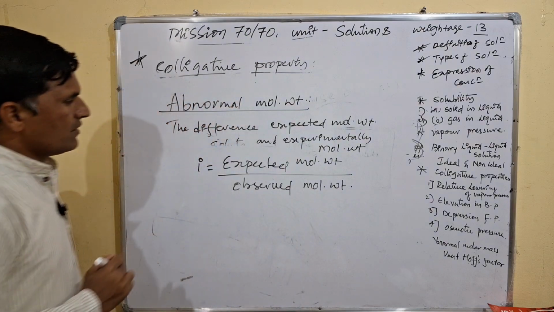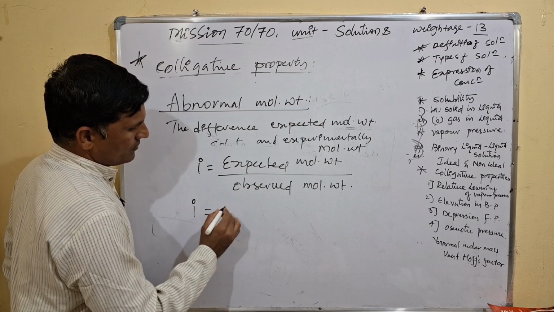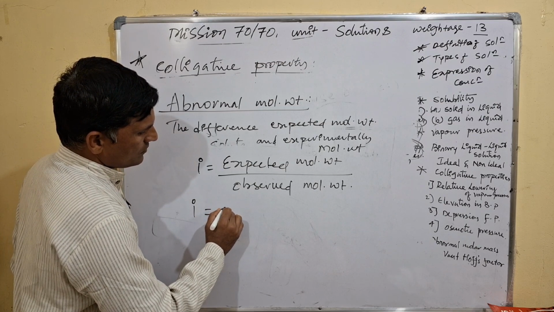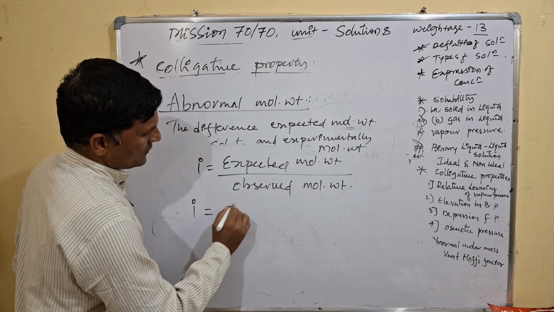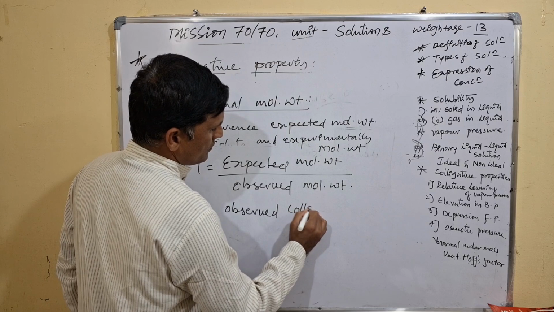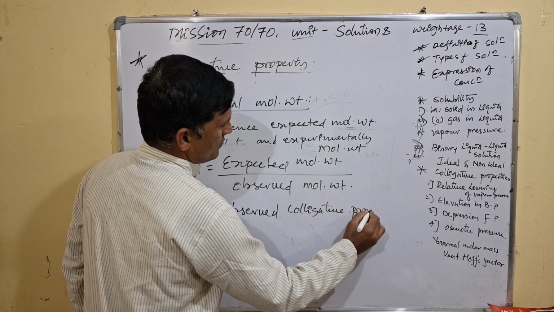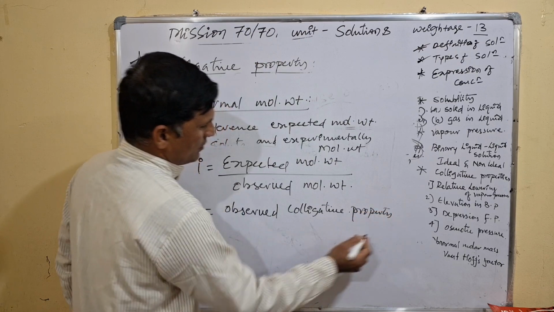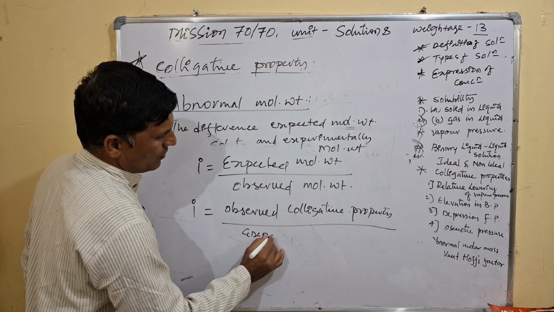So that we call i, or it is also defined as observed colligative property divided by expected colligative property.